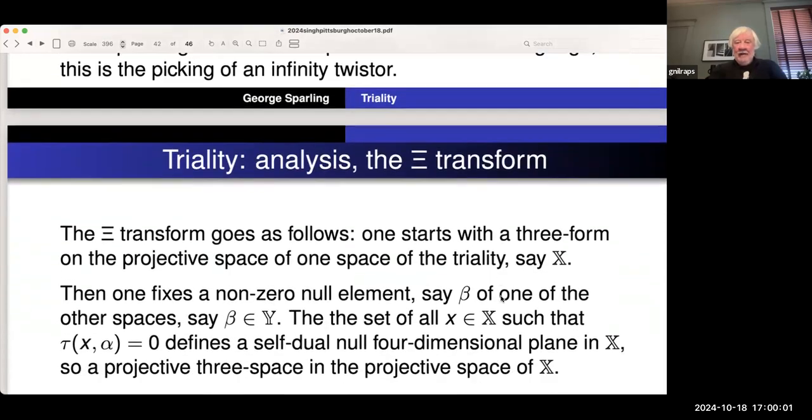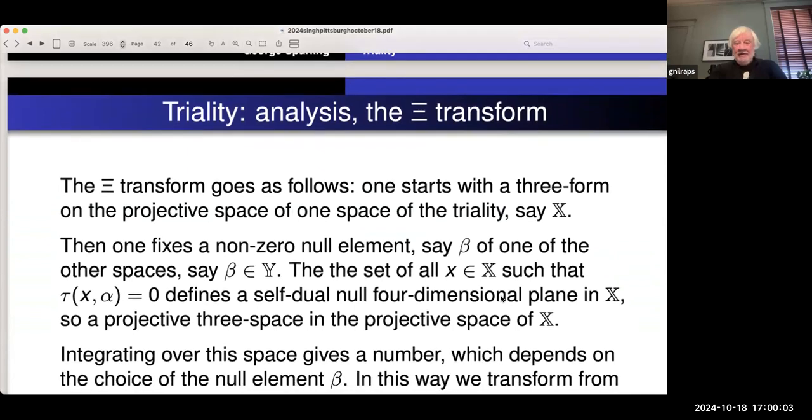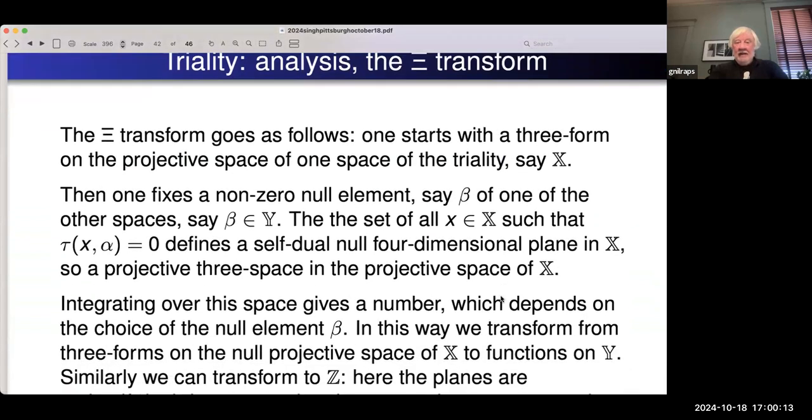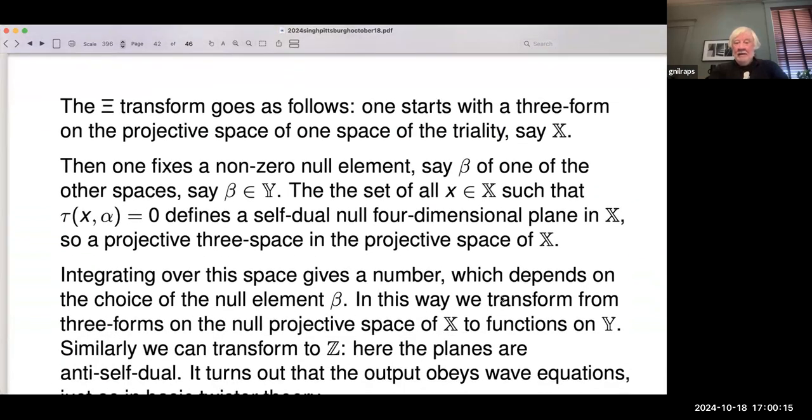The analysis involves, just like in twistor theory, you start with one space, do an integral, and you end up in another space. Well, what are the spaces? The spaces are the null spaces of each space.